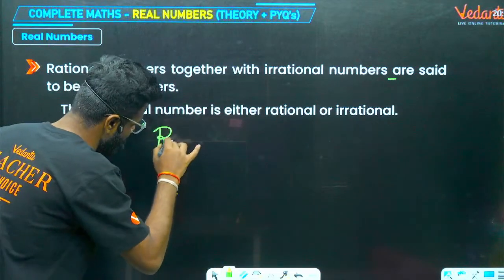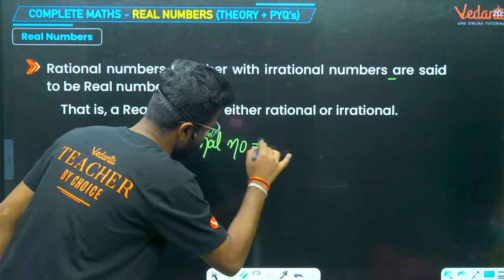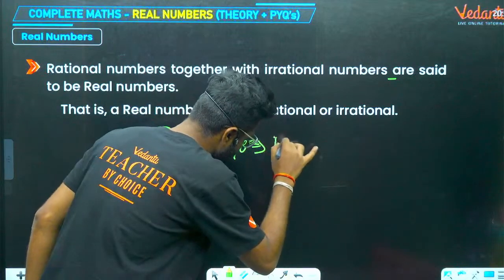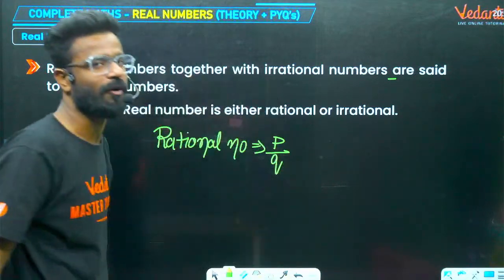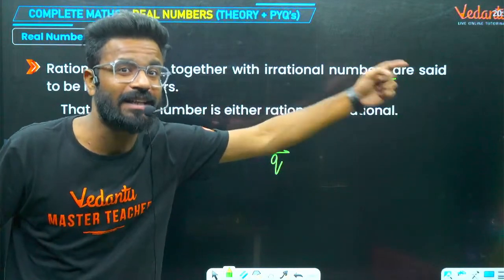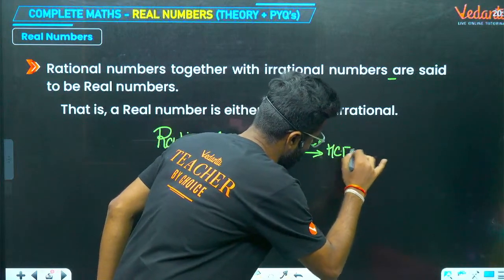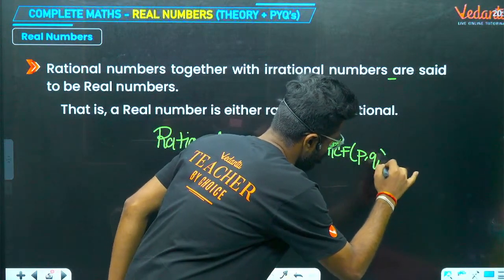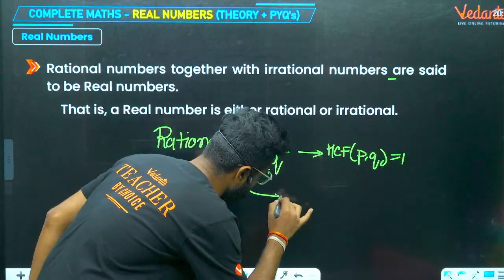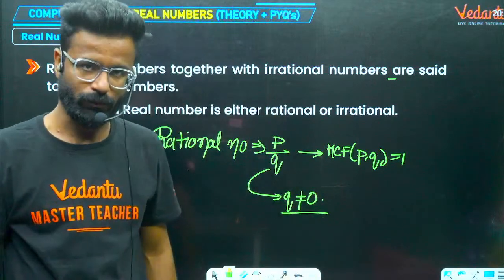Any number that can be written, listen carefully, in the form of p by q, where p and q are co-prime numbers and the HCF of p and q is always equal to 1. And one more important thing, q is never equal to 0, right?